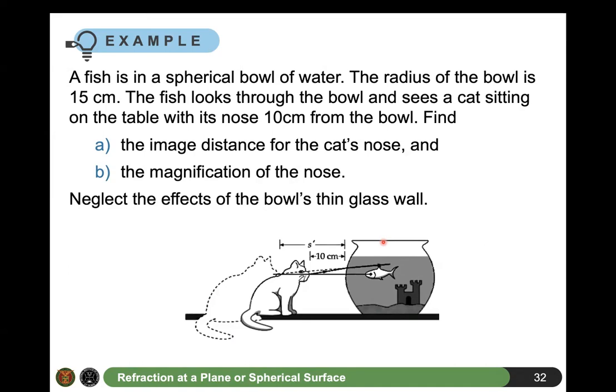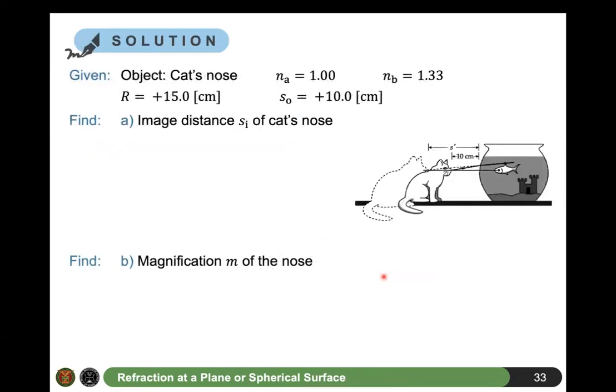Okay? So first, sino yung object natin? Si cat's nose. Right? So ito yung object natin. Okay? So dito ngayon manggagaling yung rays dun sa object. Okay? So ito yung incoming side, and then since magre-refract through the surface of the bowl, andito yung outgoing side. Okay? So let's do that.